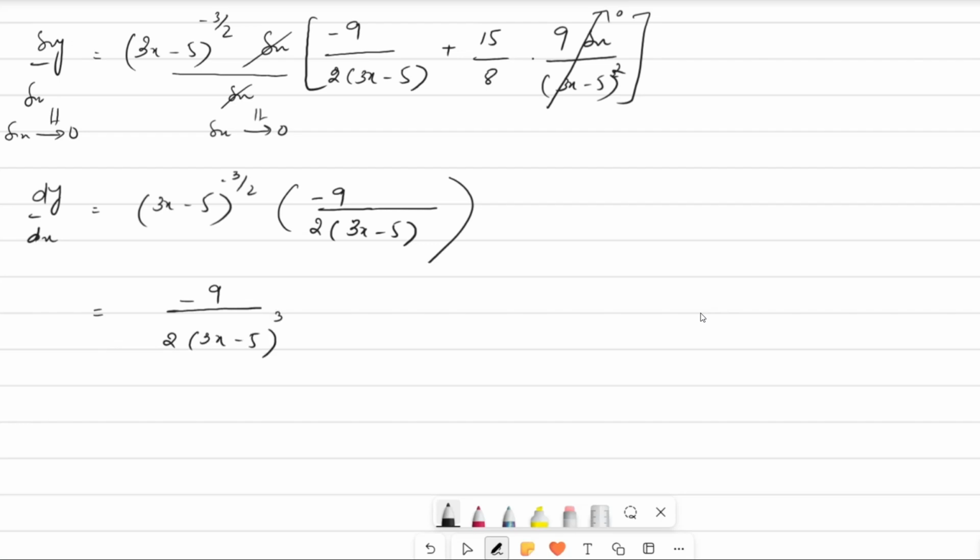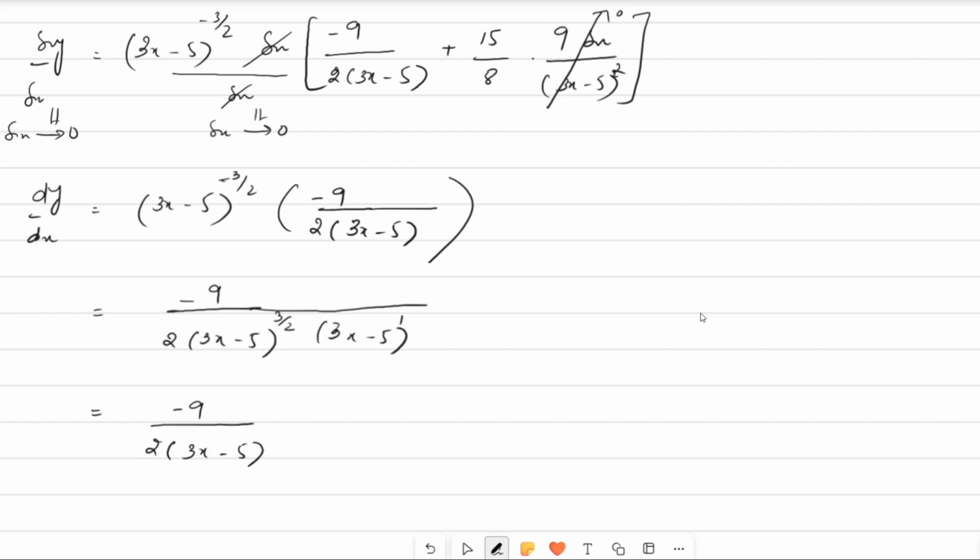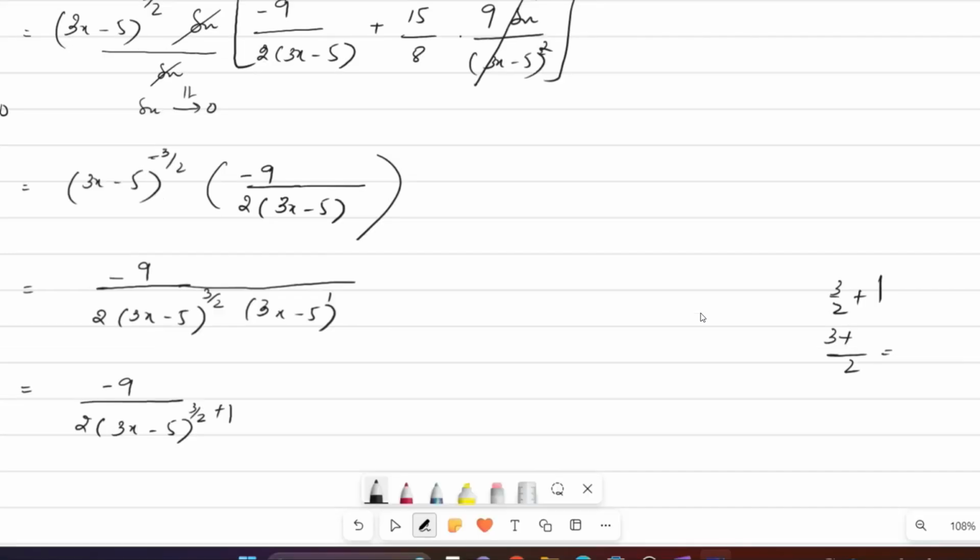When this minus goes into the denominator, this power will be converted from minus to plus, and into (3x - 5), its power is 1. So minus 9 upon 2, (3x - 5), 3/2 plus 1, 3 plus 2, it would be 5 upon 2.